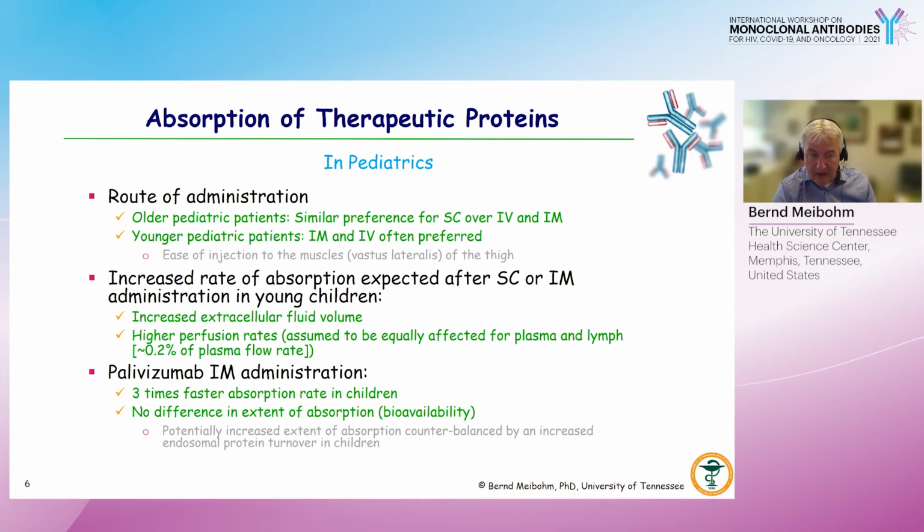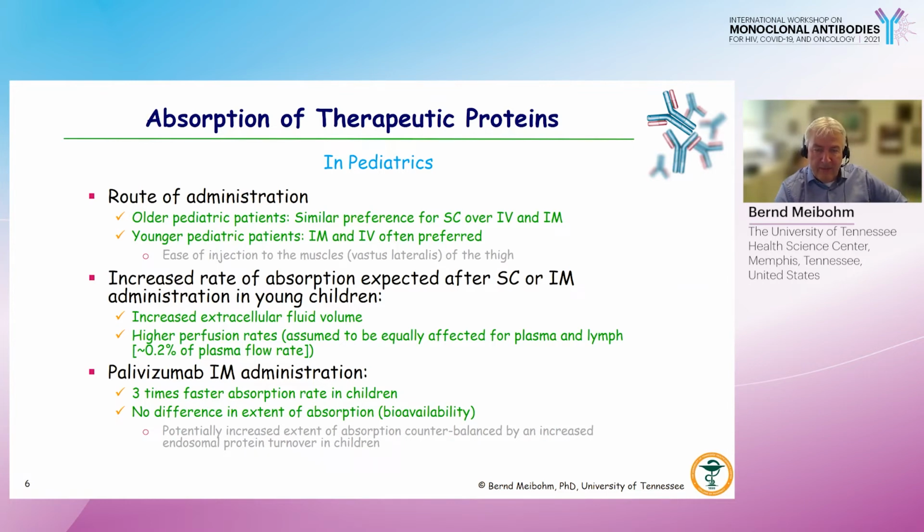The reason for that is simply the increased extracellular fluid volume in young pediatric patients that is well established, but also, and probably more importantly, the higher perfusion rate through plasma as well as the lymphatic system. And as I mentioned before, large therapeutic proteins like monoclonal antibodies after subcutaneous administration are preferentially taken up into the lymphatic system.